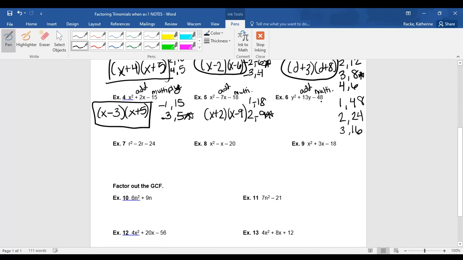Now it has to be a negative product, but we want our middle number to be a positive 13, so our bigger number is going to have to be positive and our smaller number will be negative. 48 minus 1 gives us 47. 24 minus 2 gives us 22. 16 minus 3 gives us 13. So that one matches for us. It will be y minus 3 and y plus 16.